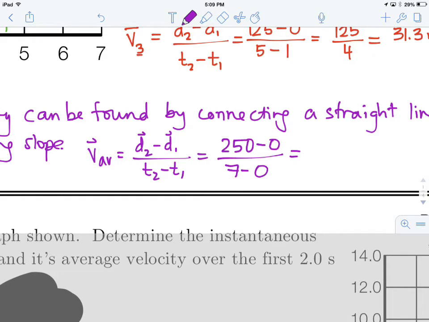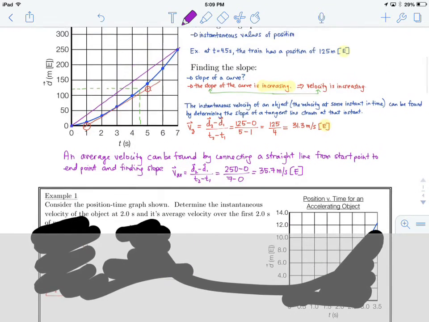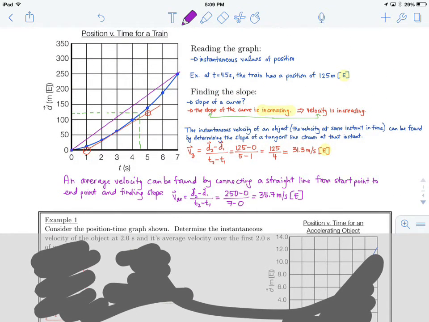I get 250 divided by 7, again in the east direction, and we get 35.7 meters per second east. That would be the average velocity of this train over the first 7 seconds.